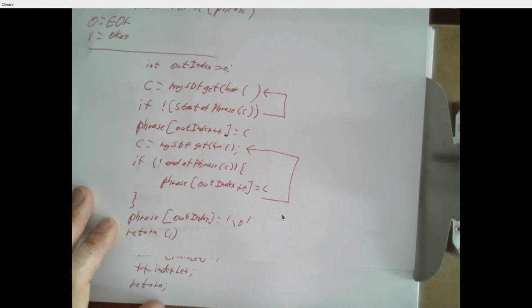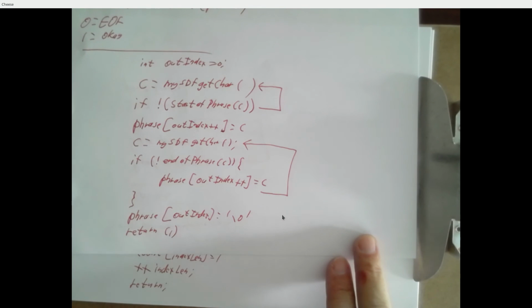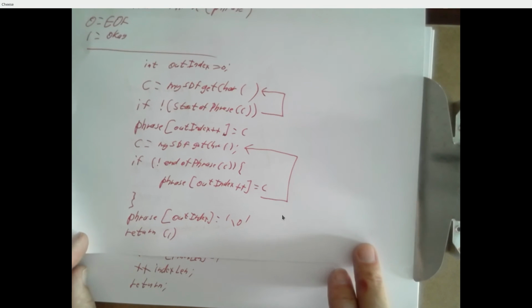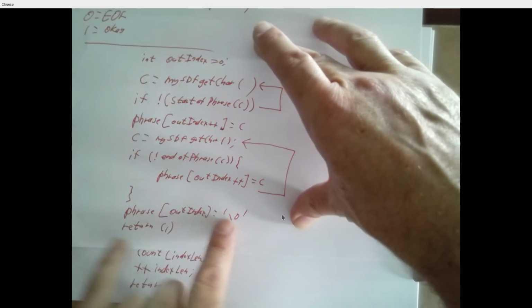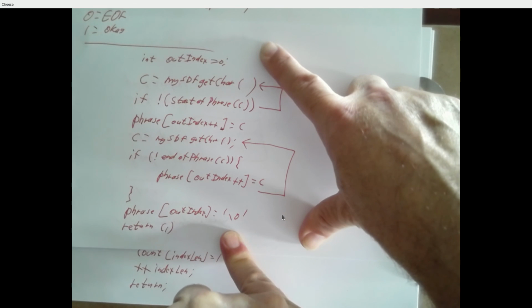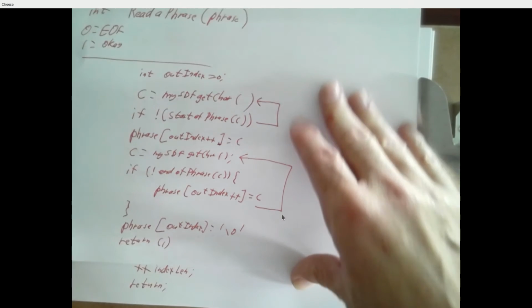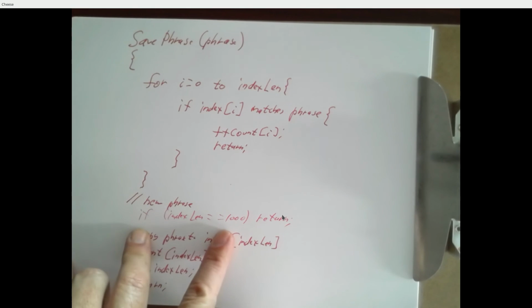Set a flag and just stop saving. So details, right? But again, if every time you read a phrase you're using this piece of code, this is the only place you have to worry about that detail. If every time that you're saving a phrase in your index you're using this piece of code, this is the only place you need to worry about that detail.